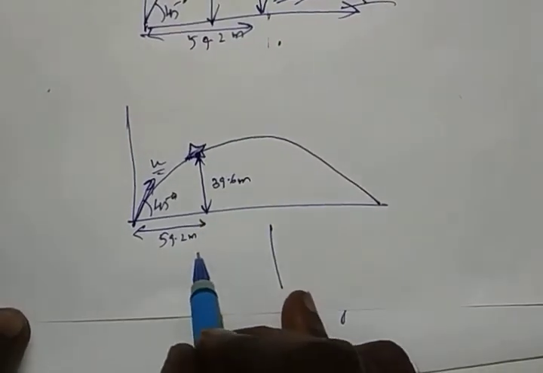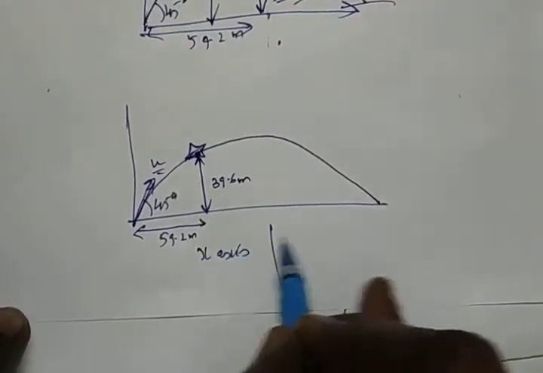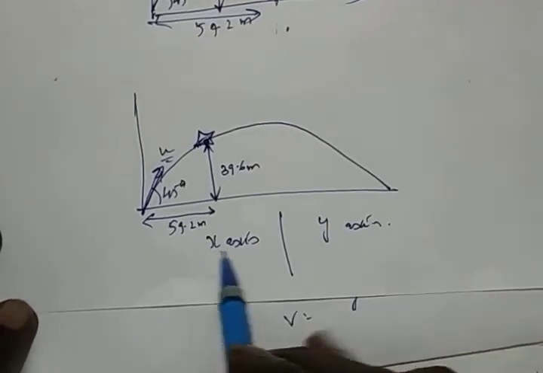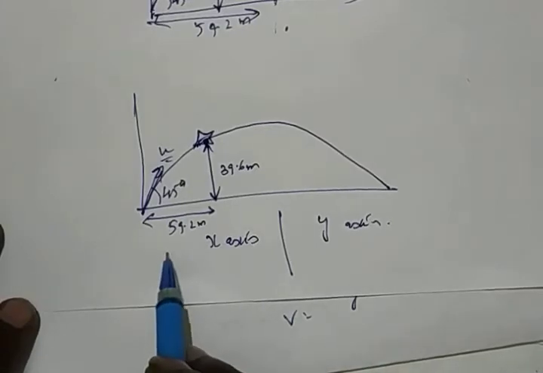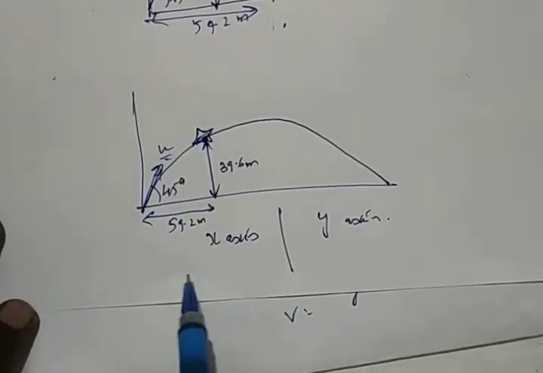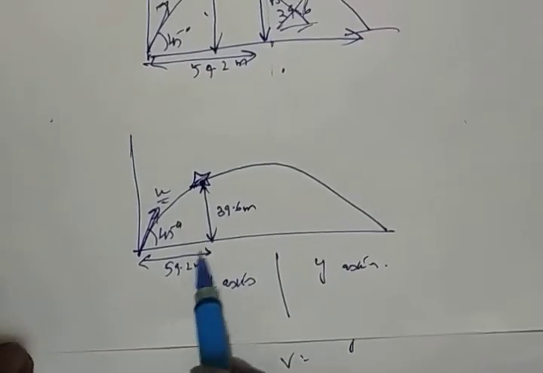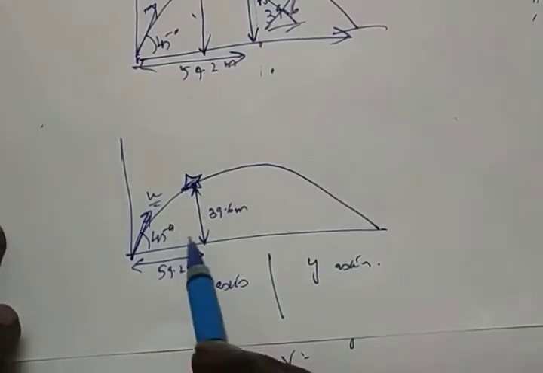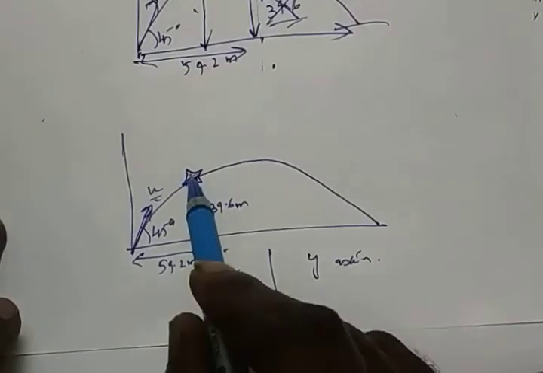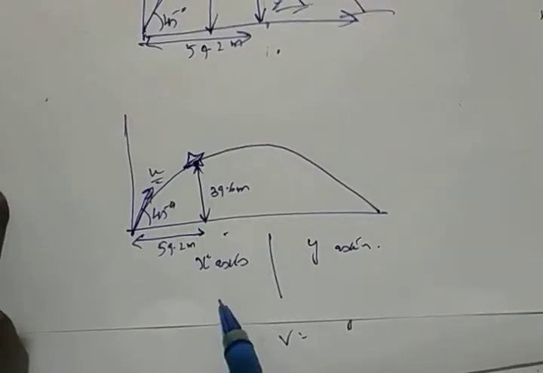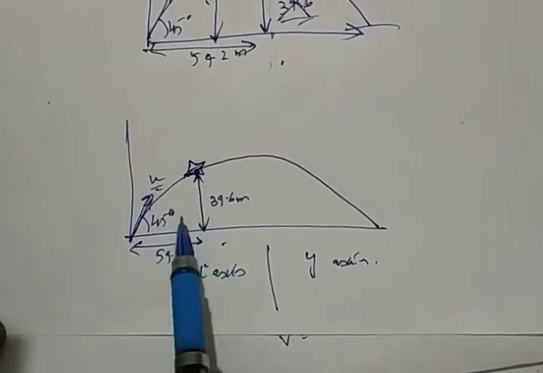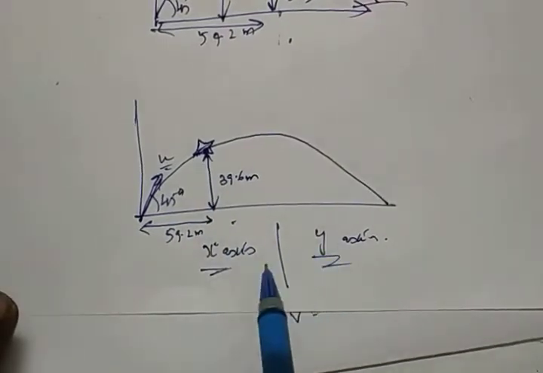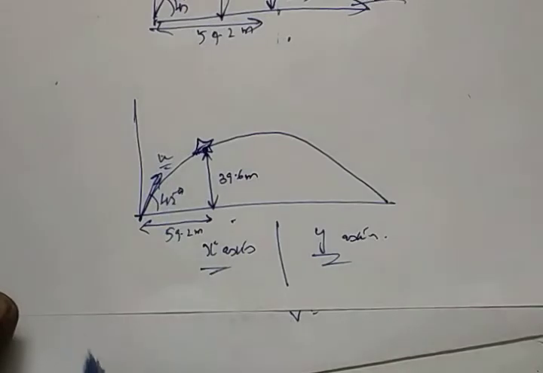One is along the x-axis and along the y-axis, both of which you need to take with the time t. This is the x-axis, this is the y-axis. The other way is a formula called the path of a projectile, where the x distance and y distance come together with u and theta.